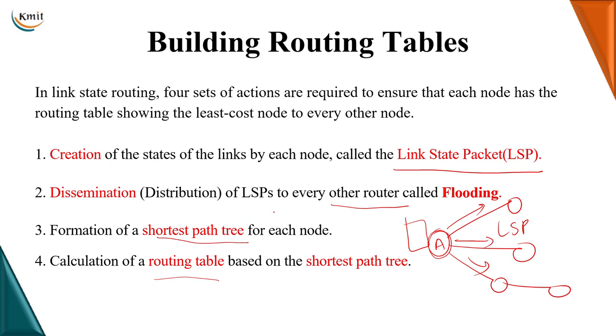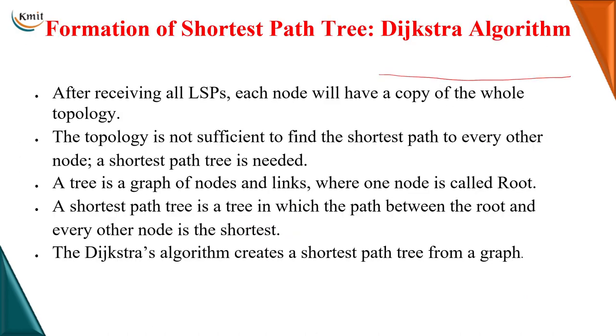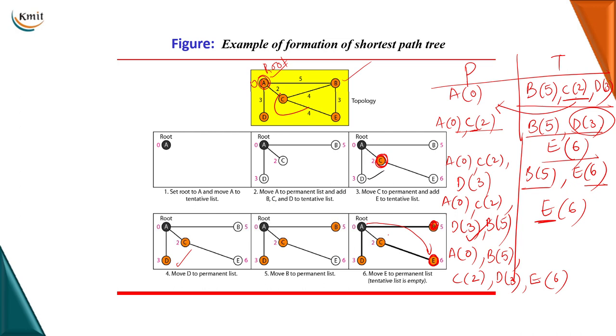They consist of the sequence numbers, the age, and we'll construct a shortest path tree for every node so that we can route the packets from one node to another in the shortest time or shortest distance possible. So this was about the shortest path routing algorithm called Dijkstra's algorithm, which is used in link state routing for constructing the shortest path tree.